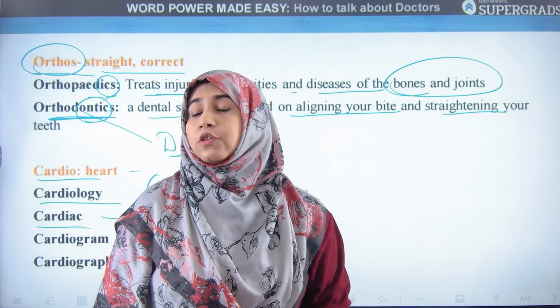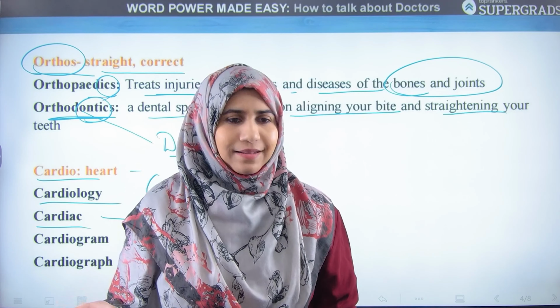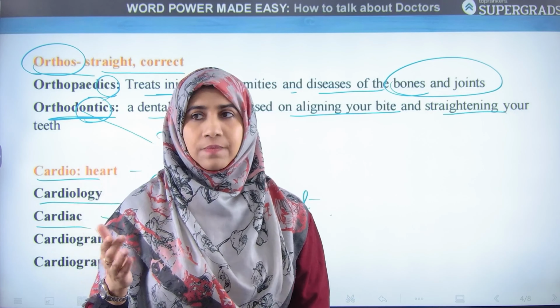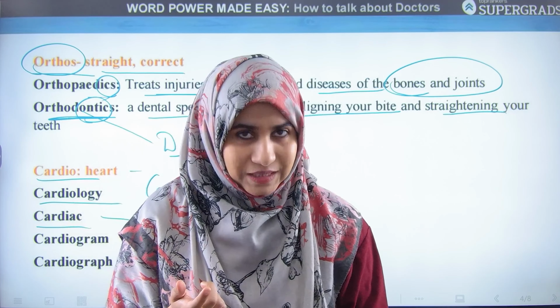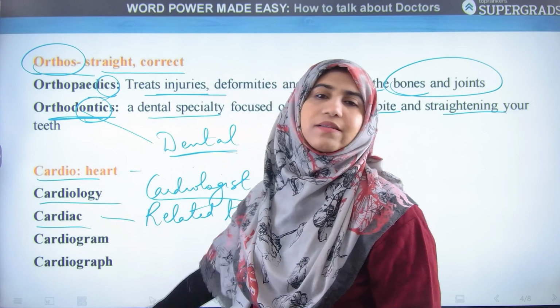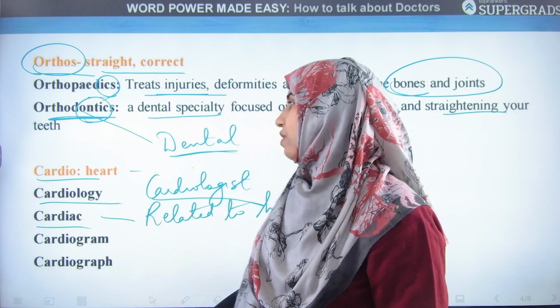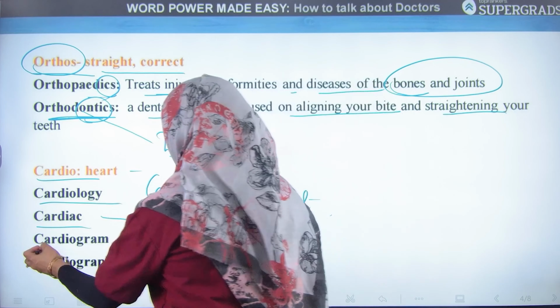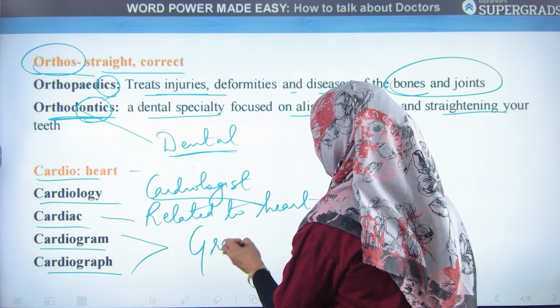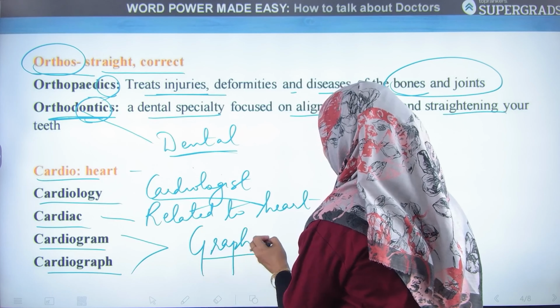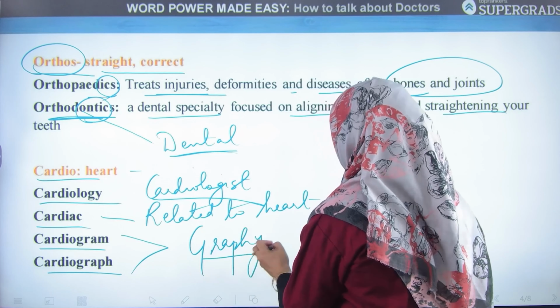Foods which are not good for your cardiac health. That means the health of your heart, the cardiac rhythm, cardiac issues, right? So it's an adjective and this is how it is used. It's something related to the heart. Cardiogram and cardiograph. Graph, graphy means writing or recording.